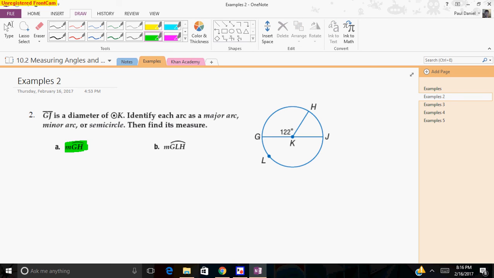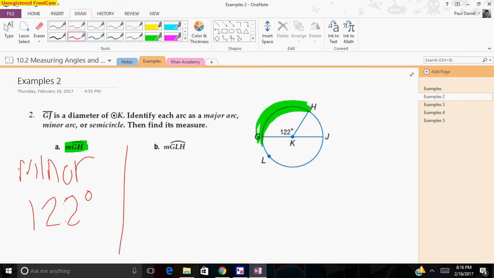Well, remember earlier, when it's just listed with two letters, I'm going to be going the short way. So that is the way I'm going to go. Is that going to be a minor arc or a major arc? That's right, it's minor. And what is its measurement? Yep, it's listed on the figure. It is 122 degrees.